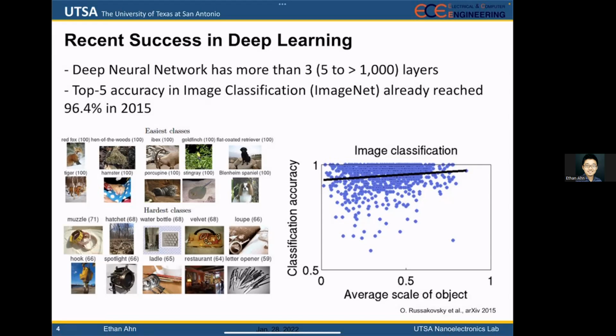A deep neural network means you have more than 3 neural layers, and when it comes to its progress, we already had more than 96% accuracy in image classification back in 2015, and even more. I think right now we are almost hitting 98% or 99% accuracy in this job.